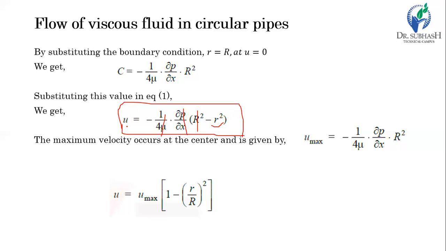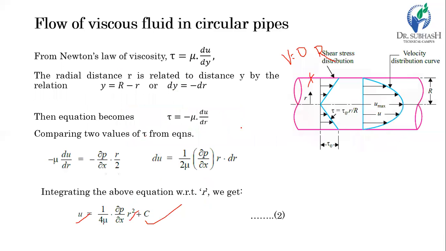So as the value of r increases, the velocity changes with the second power, a square relation. So there is a parabolic relation between u and r. In this way, we can draw a graph just here.